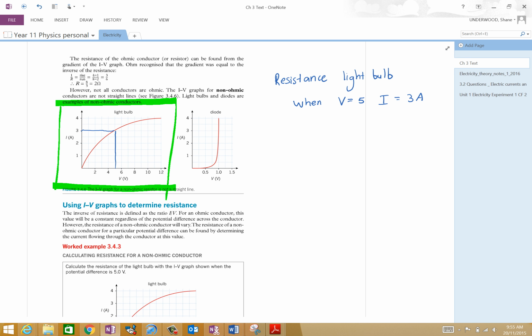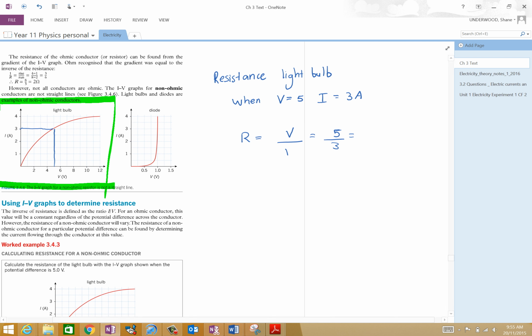So what we can say then is that the resistance at 5 volts is equal to V over I, which is equal to 5 over 3, which is 1 2/3 ohms, or we could say it's 1.67 ohms if we're rounding off to 2 decimal places.